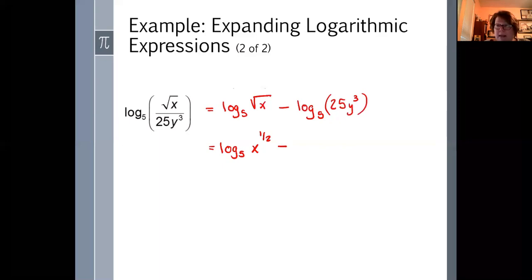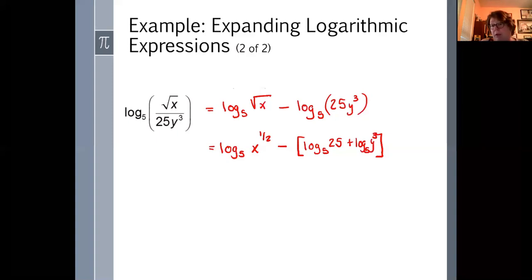Now, since I'm subtracting that entire logarithm, I'm going to put the expansion of that inside brackets because I'm going to subtract everything, the entire log base 5 of 25 times y to the 3rd. Now, since that's a product, I can write that as the log base 5 of my first factor, 25, plus the log base 5 of y to the 3rd.